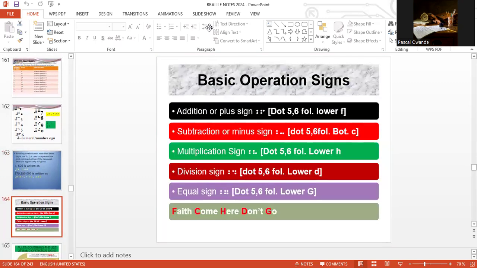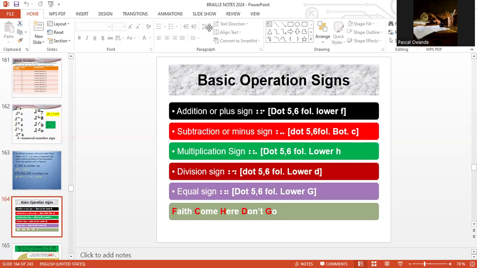It's good that we get to understand that in dealing with mathematics Braille, one must get to understand basic operation signs. Here we are going to learn about 5 basic operation signs in mathematics Braille. The first is the addition or plus sign.